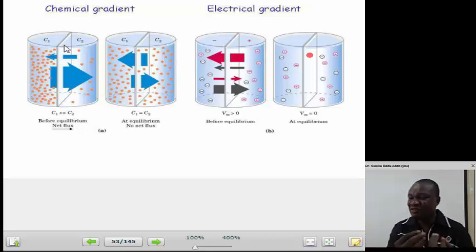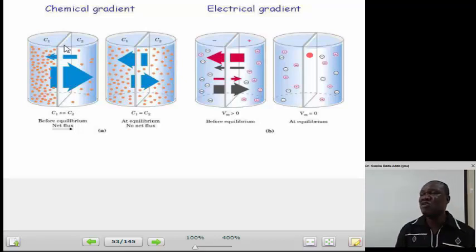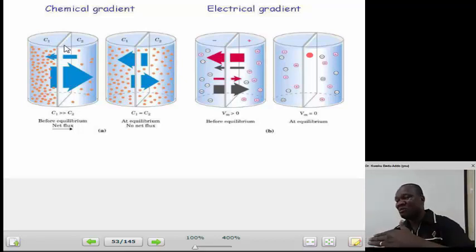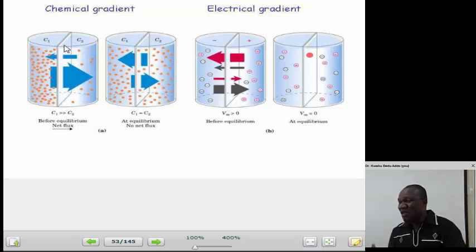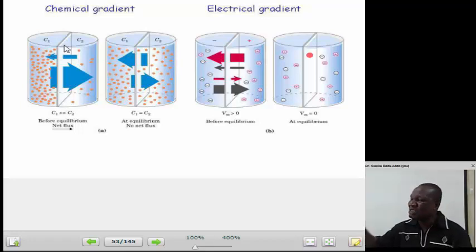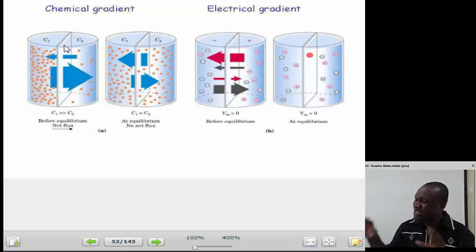Unlike these fat-soluble substances that move just along the concentration or the chemical gradient, ionic movement is determined by the electrochemical gradient, meaning the charge of the environment and the concentration gradient determine ionic movement.